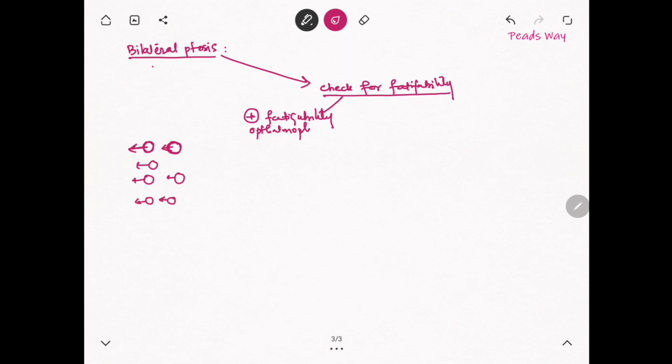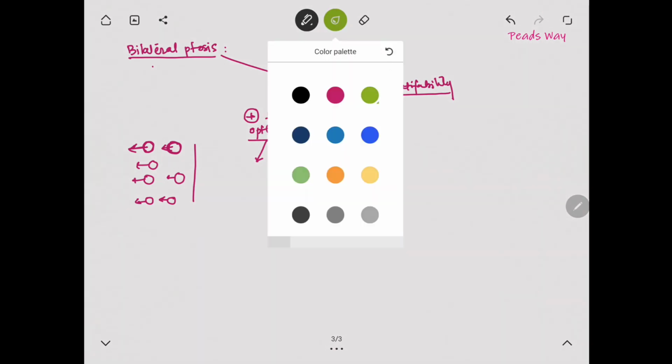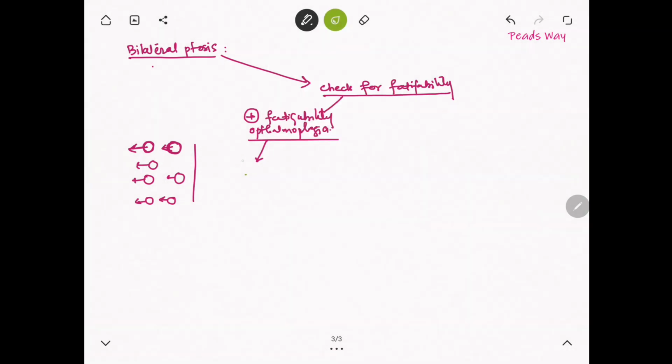There will be a delay in the movement. So this is ophthalmoplegia. You find that there is fatigability and there is ophthalmoplegia. Now, if you find these two features with bilateral ptosis, you narrow your differential and you can easily say that this is myasthenia.